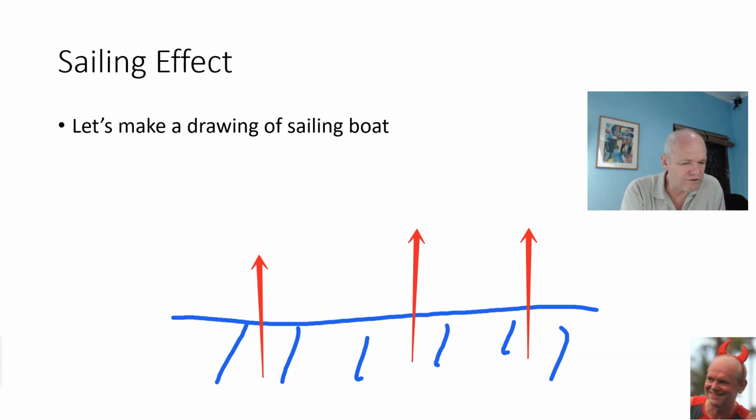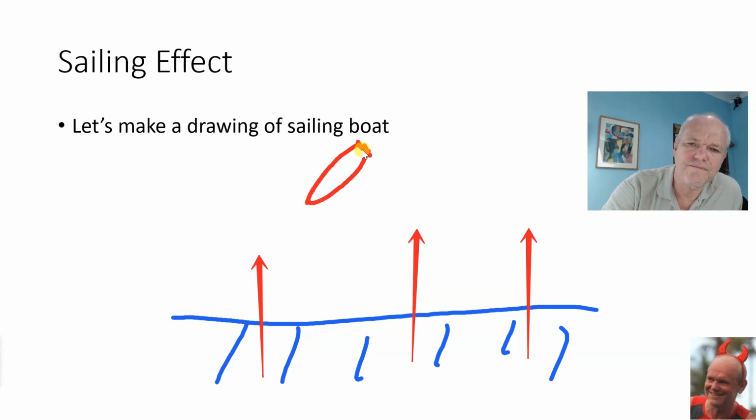The sailing boat can sail against the wind, and I will make a drawing for this. It can do this by going in a direction, let's say 45 degrees to the wind.